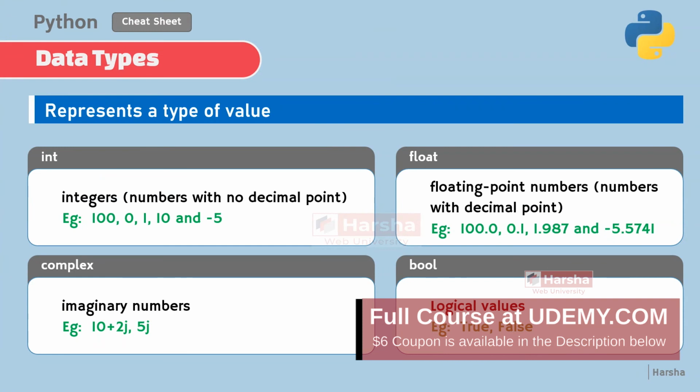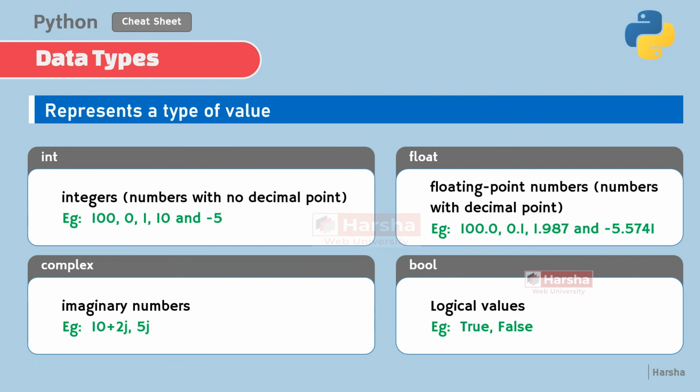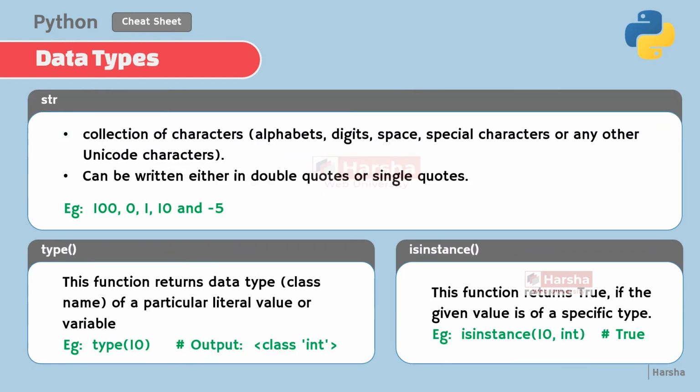And this is the cheat sheet for the same, for int, float, complex, bool, str, as well as the type function and isinstance function. In further lectures of this section, we will understand more about data types, and also in later sections of the same course, we will understand how to create our user-defined classes and objects based on those.